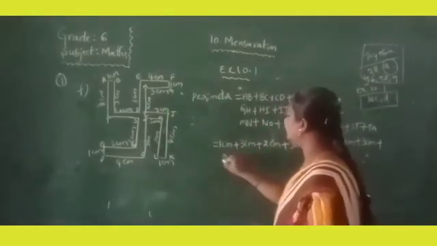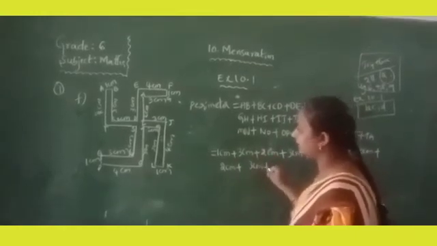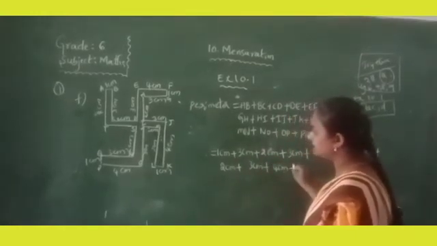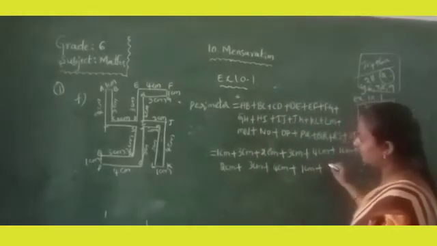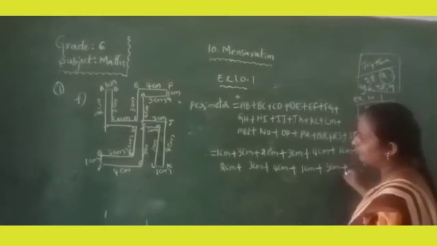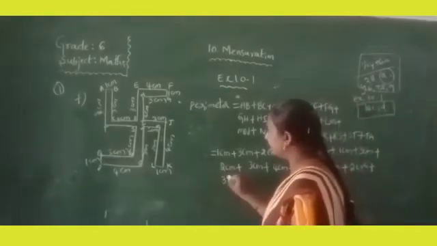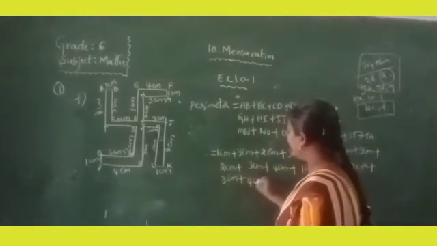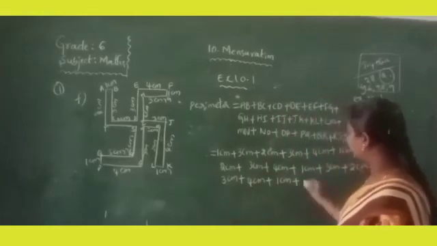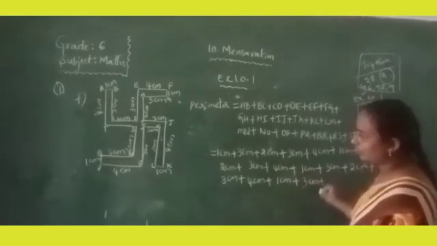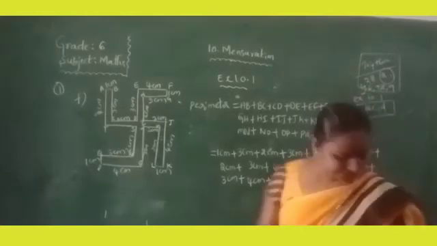HI 2 centimeters, IJ 3 centimeters, JK 4 centimeters, next KL 1 centimeter, LM 3 centimeters, MN 2 centimeters, NO 3 centimeters, OP 4 centimeters, PQ 1 centimeter, QR 3 centimeters, RS 2 centimeters, ST. ST length is how much?